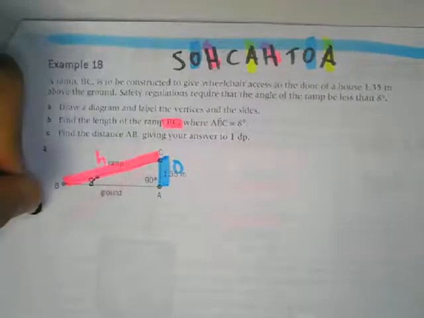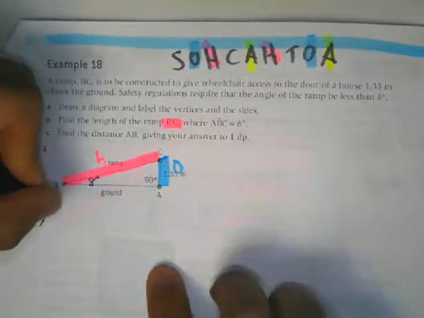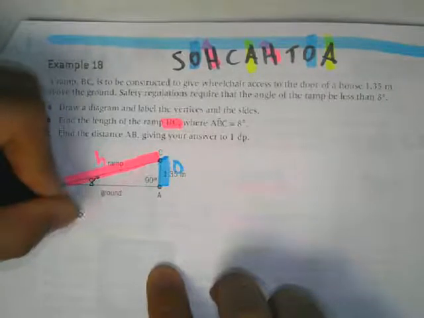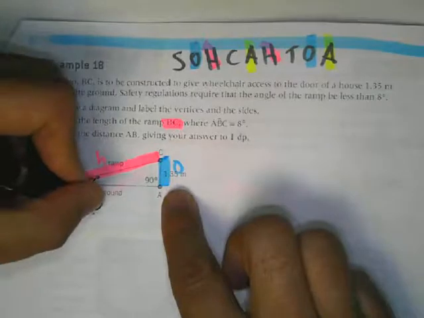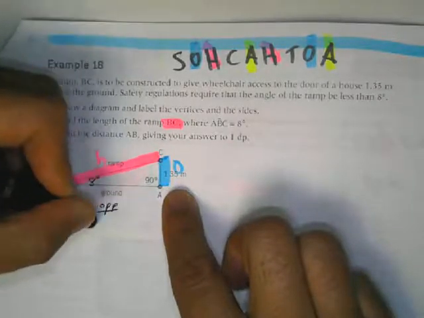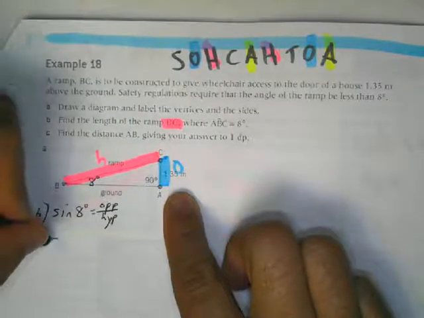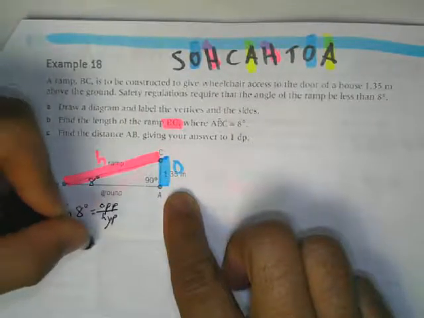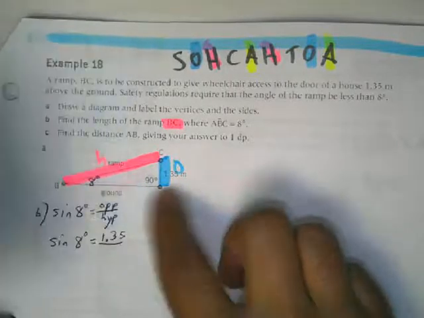So to answer question B, to find the length of the ramp, sine of 8 degrees equals the opposite side, 1.35, divided by the ramp.